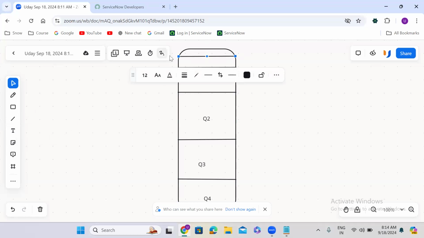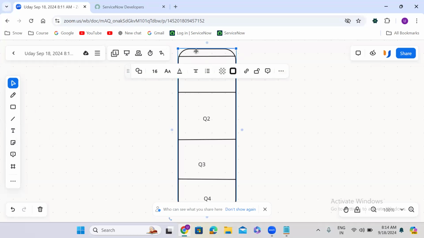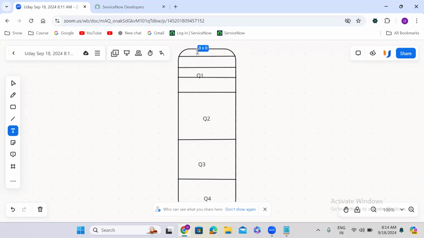I'm just writing here. First one, this is called sprint one.